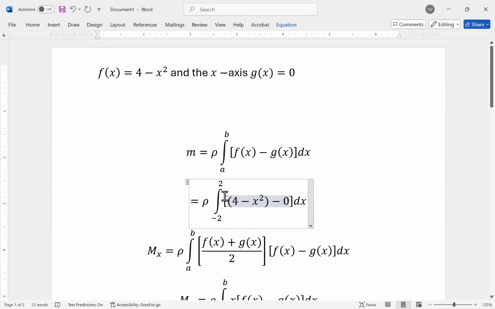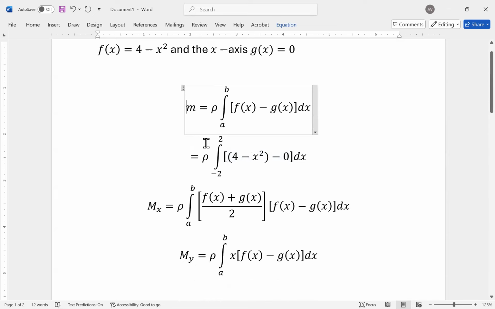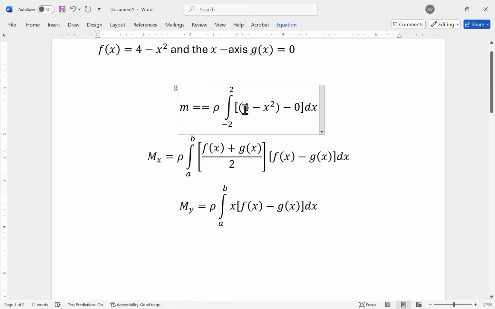And this is something I can plug into my calculator, and that will give me my mass. I think I'll erase that one and just write that in my calculator.